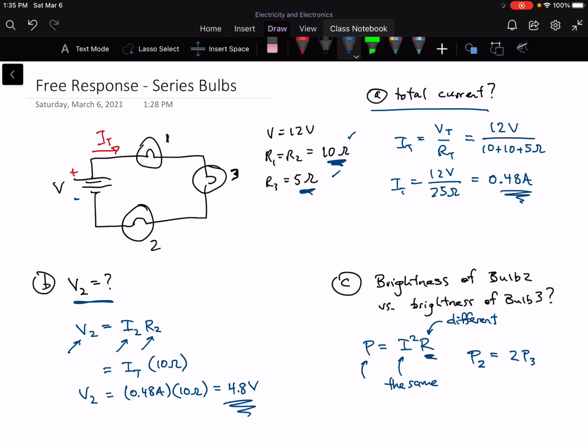That may seem a little counterintuitive, right? More resistance, more power consumed? But in terms of a series circuit, you can understand that because it's going to drop more voltage, and so it's going to consume more energy per unit charge, and that should connect to the power. And indeed, it does.